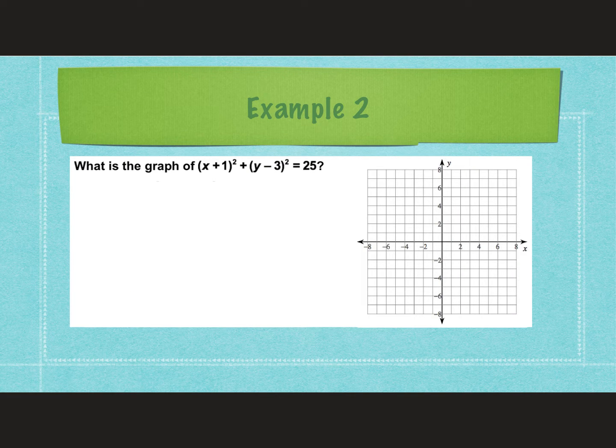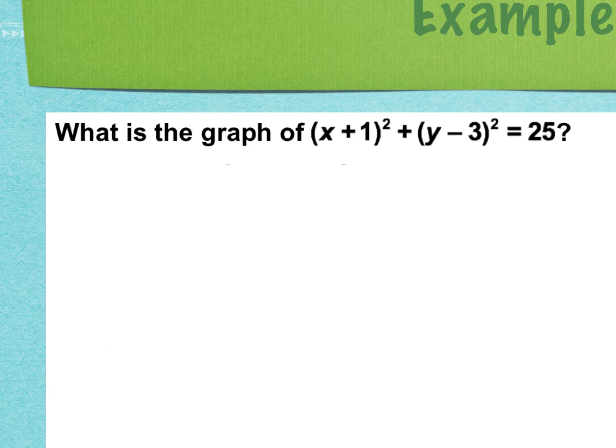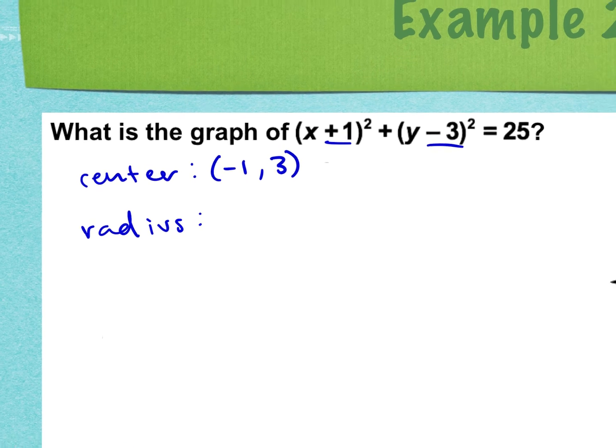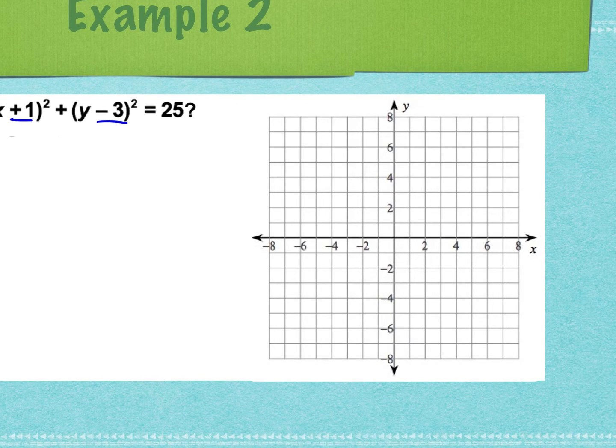All right, so example 2, we have to graph. So again, we need our center and the radius. So our center would be what? -1, 3, because we just flipped the signs of what we're adding to x and adding to y. So I'm going to go to my chart over here, go to the left to -1 and up 3.